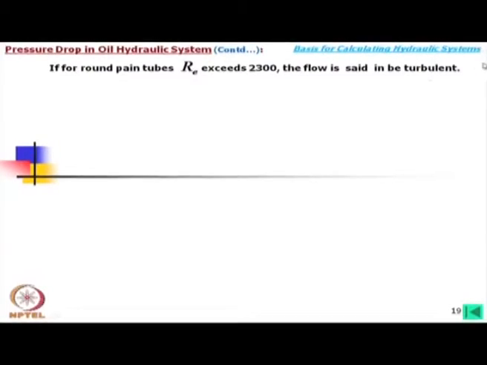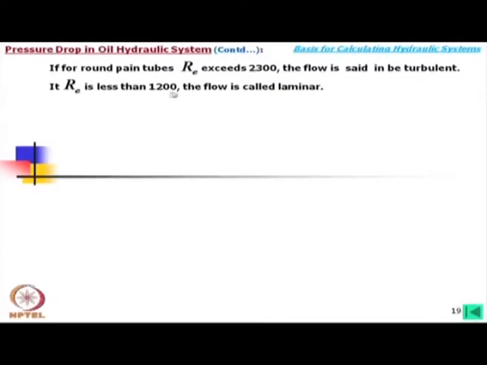But in many cases, for the best response, it is better to have turbulent flow, not laminar flow, particularly in a valve. Now, if the Reynolds number is less than 1200, the flow is called laminar.